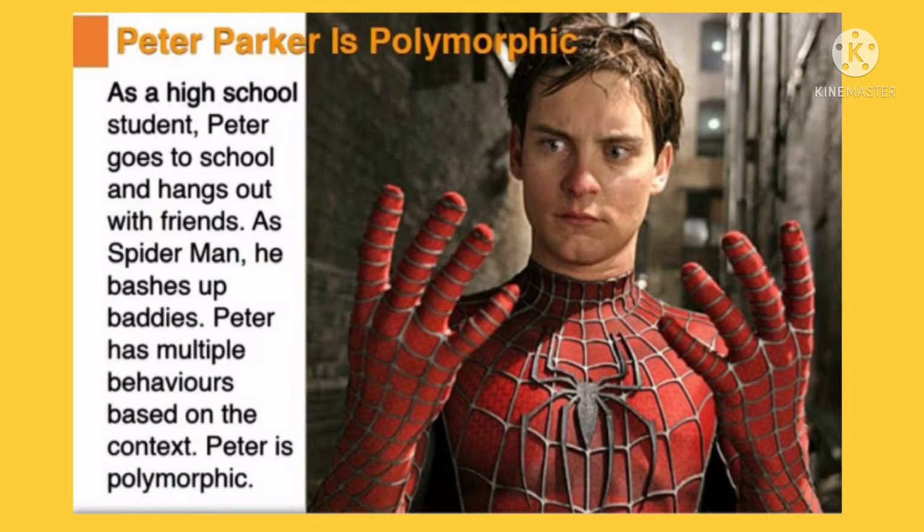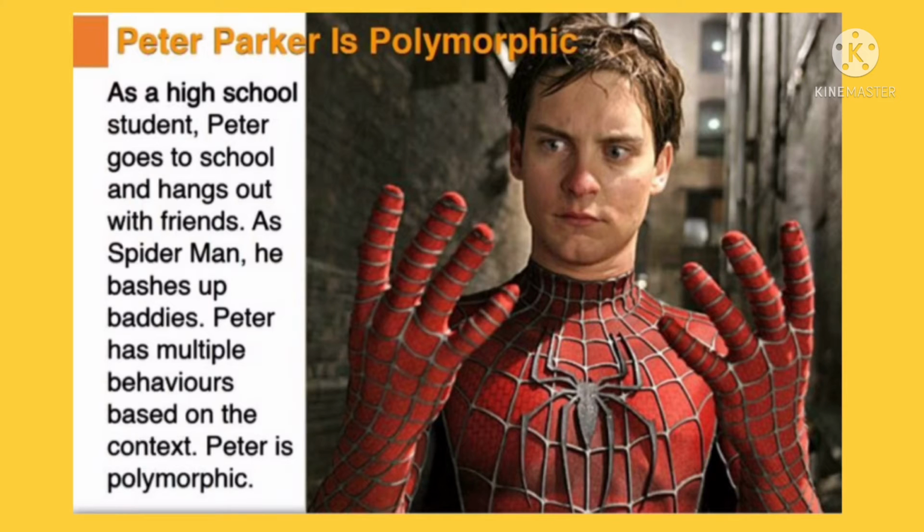Peter has multiple behaviors based on the context, so Peter is polymorphic. Polymorphic is basically that entity which shows multiple behaviors on the basis of context. I hope guys now the concept of polymorphic is clear.